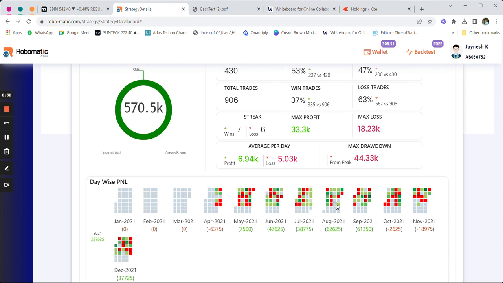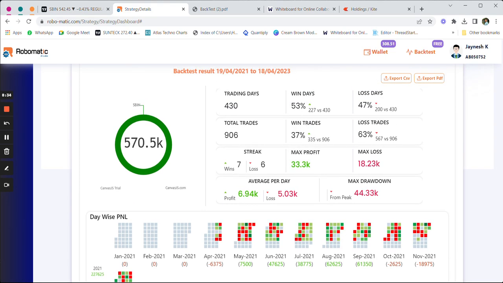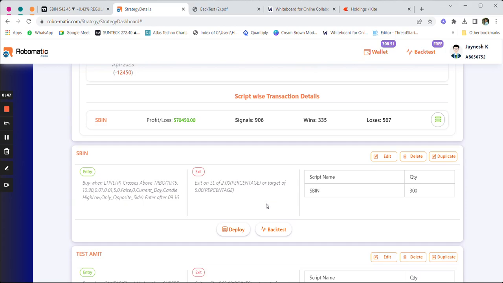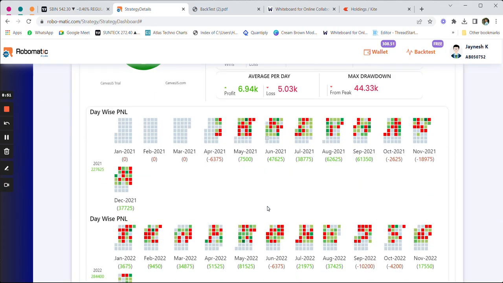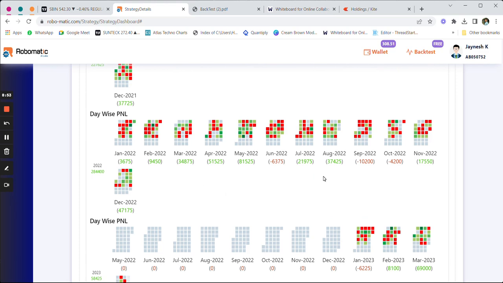Okay, so keep 25,000 rupees as the drawdown, while the winning days and losing days are almost equal, around 53%. We have seen a max profit of 33 while max losses of 18,023 here. So we can clearly see the profit and loss statement here basically, and the strategy has been making consistent money over a period of time.